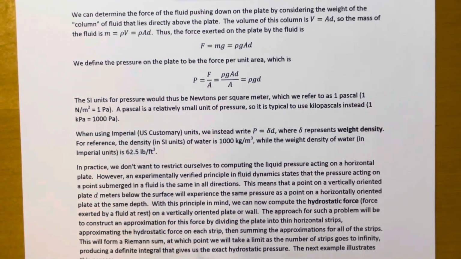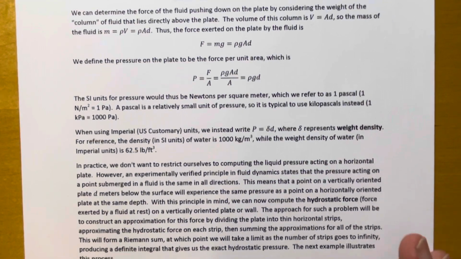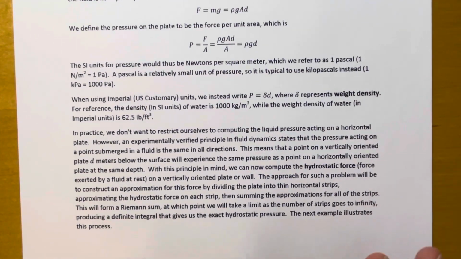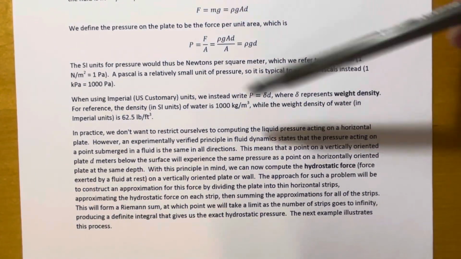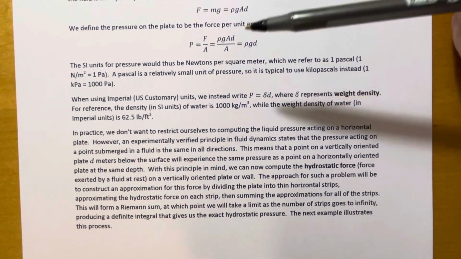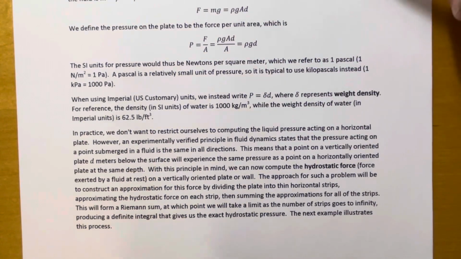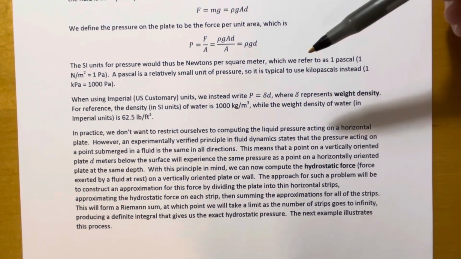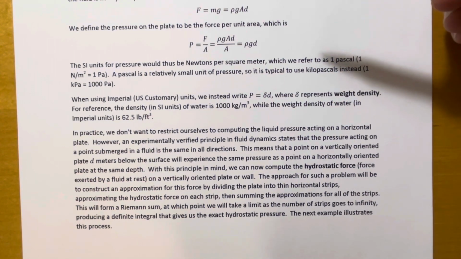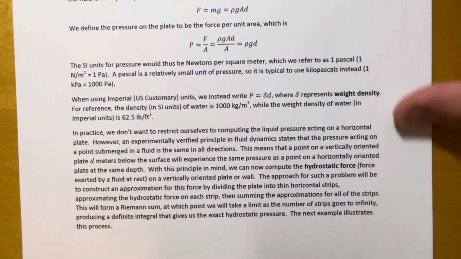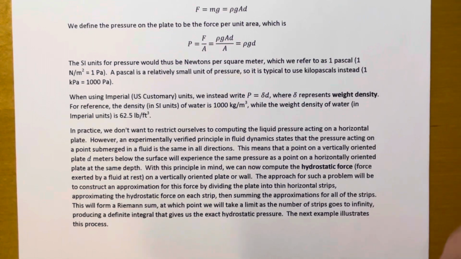If we're doing the same sort of computations, but in imperial units, like U.S. customary units, then if you remember from our section where we computed work back in chapter 6, we consider weight instead of mass, and weight is already a force.